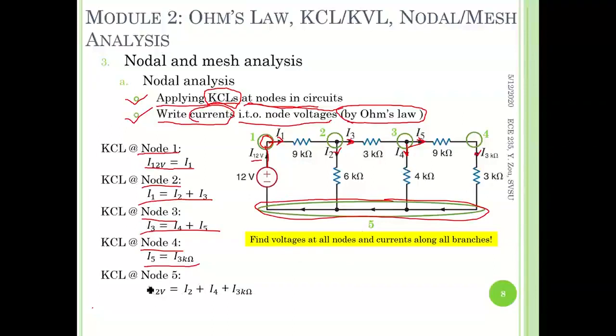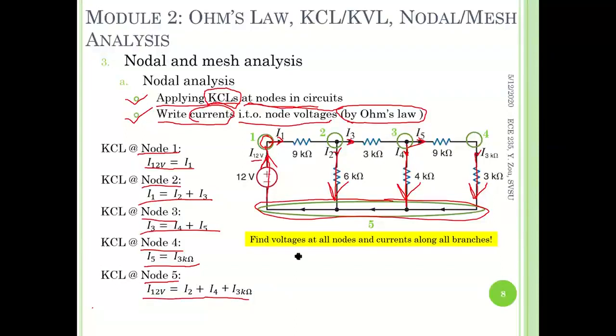At the bottom node, number 5, the currents entering the node are I2, I4, and I3K. The current leaving node 5 is I 12 volt itself. So here we go. Up to 5 nodes and up to 5 KCLs correspondingly.